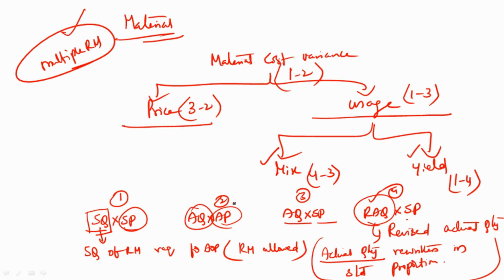Now that we have seen the formula, let's go with the logics. Now, the logics are pretty simple. Whenever you try to create any formula, the intention behind creating the formula is that once you apply the formula, it should give you a meaningful number.